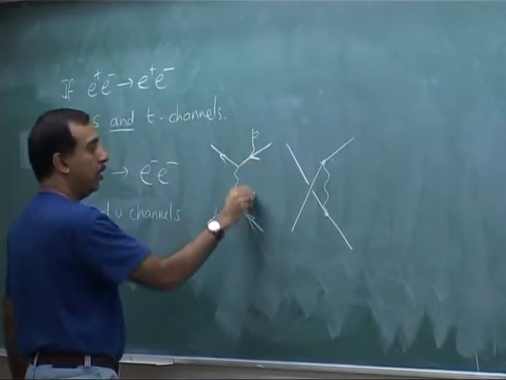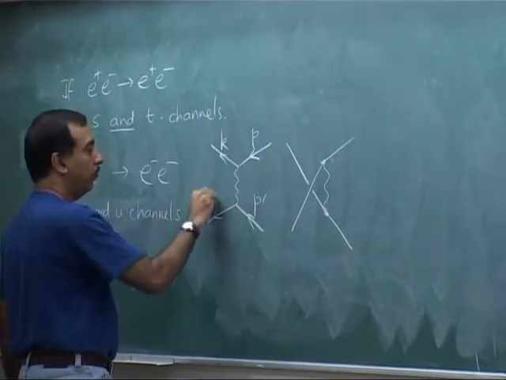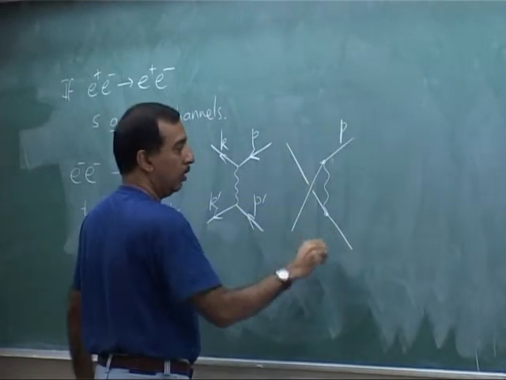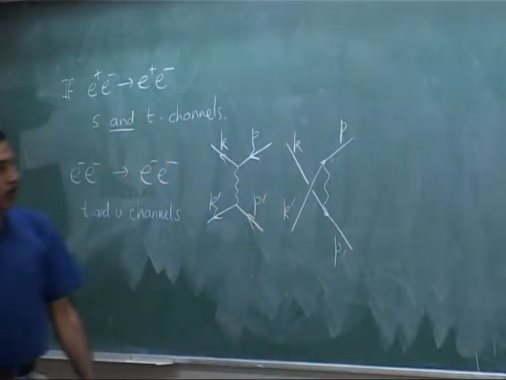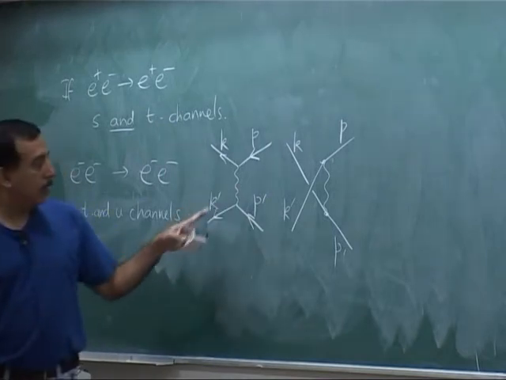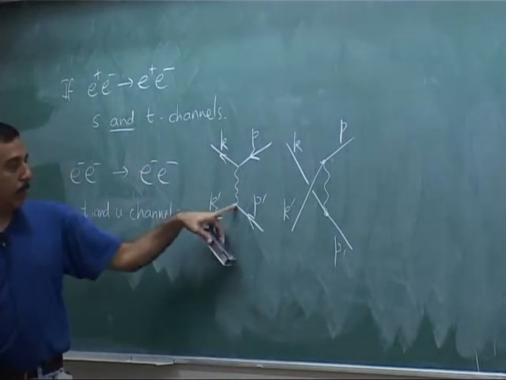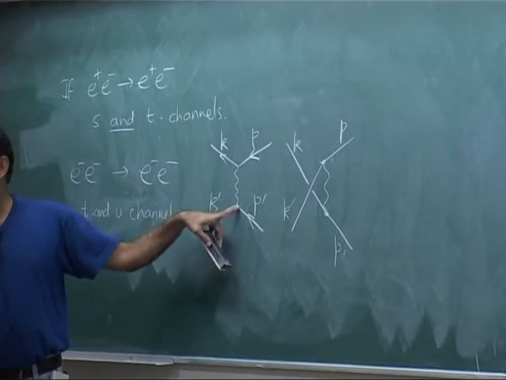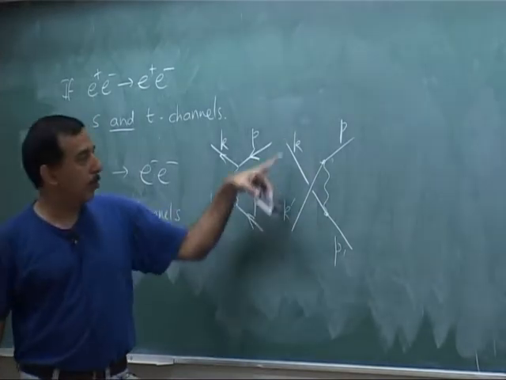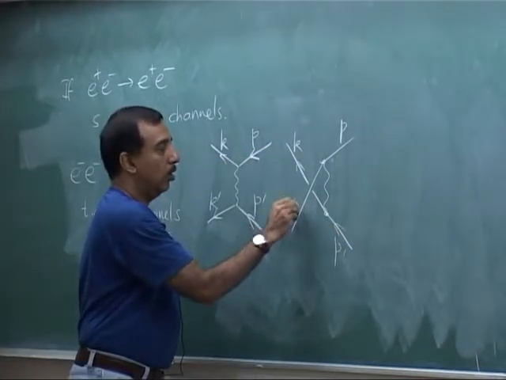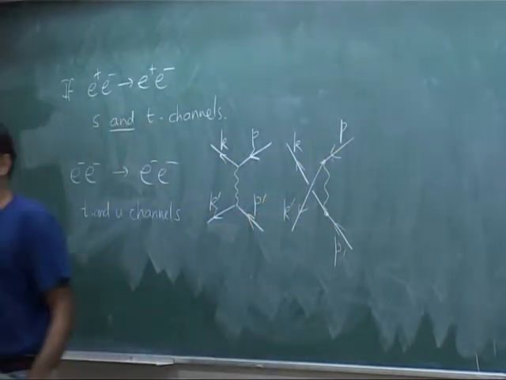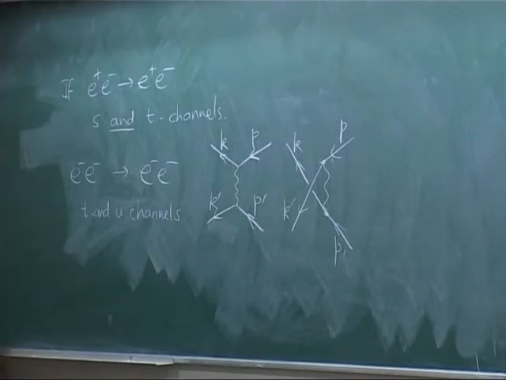Because remember, I must label the momenta, and the momenta are associated to the external line. So in this diagram the momenta k prime and p prime arise on the same line, but in this diagram the momenta k and p prime arise on the same line. So it's a different contribution, so I have to add it. This is the U channel.